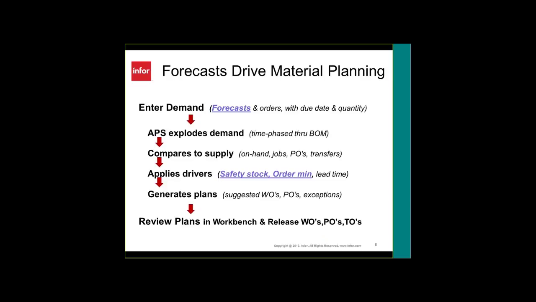But the way this works is that this application develops the forecasts and then feeds those into the APS engine in SyteLine. And the APS engine considers what's on hand, what's on order, when it comes up with the suggestions that it feeds into the material planner workbench.